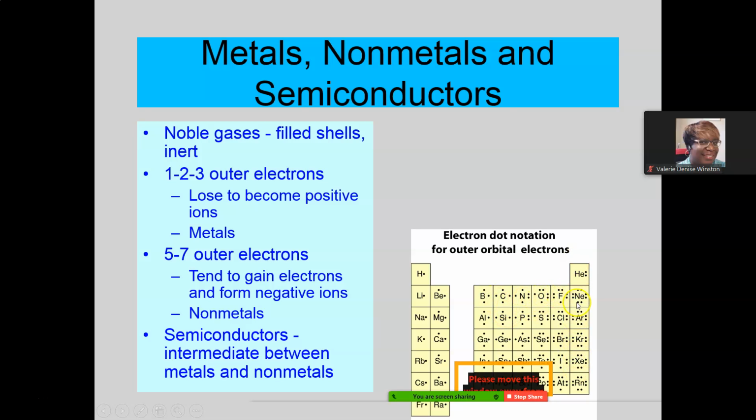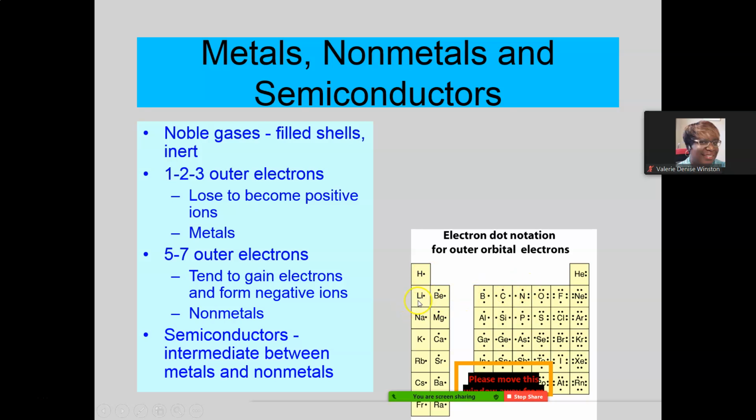These are filled shells. 2 up here, that fills the S shell, that's all you got. Then the rest of these are 8. These are almost full, that's why they rip off electrons like crazy. These are, if you lose that electron, then you have a filled shell on your outer shell. You just don't have anything in what you should have in the outer shell, and the one before that.